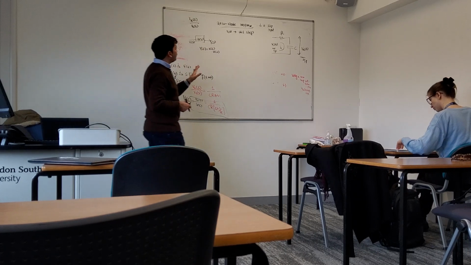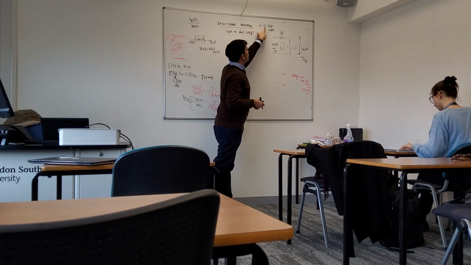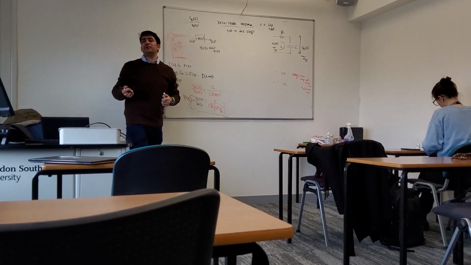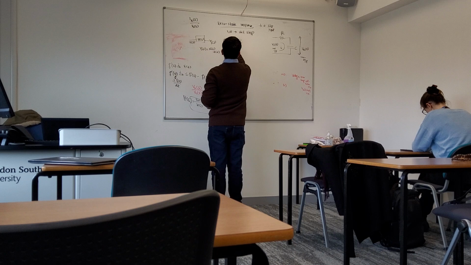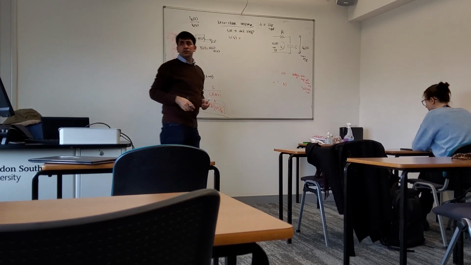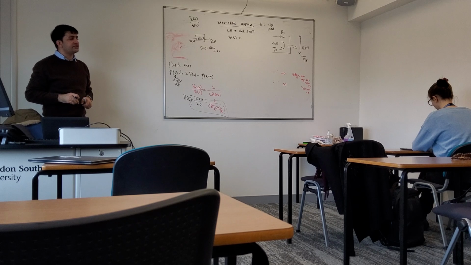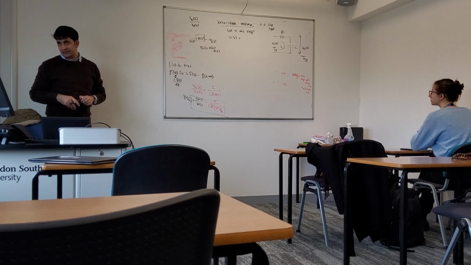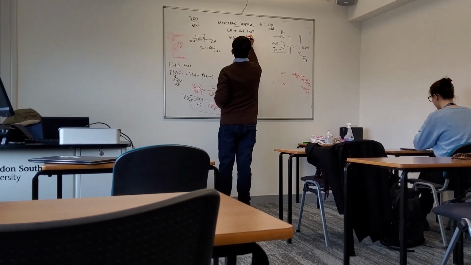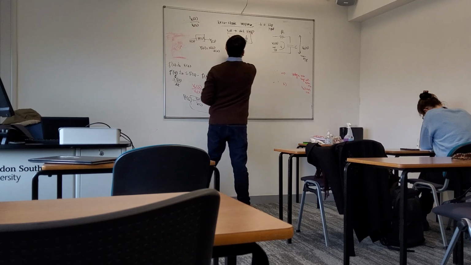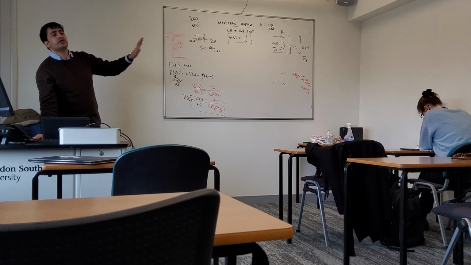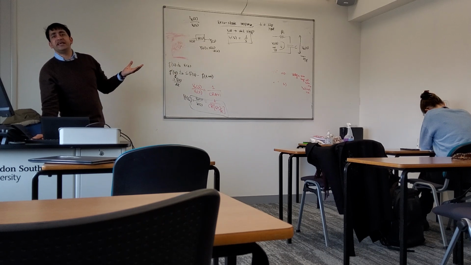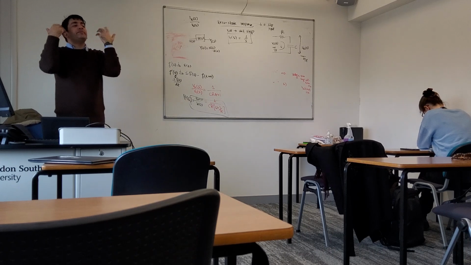So when someone says find zero state response to a step input, it means that the input is unit step. And everyone knows, if V1 of t was unit step, what is V1 of s? If input was unit step, what is its Laplace transform? 1 over s. For unit step, the Laplace transform is 1 over s. Very simple. So if someone told me to find zero state response to a step input, overall he's asking me to find what is happening in time domain.